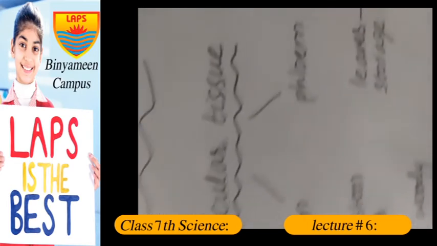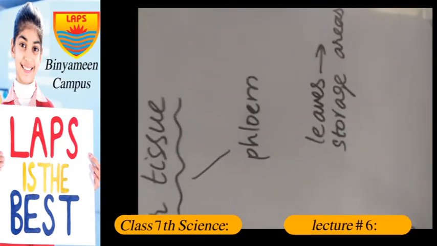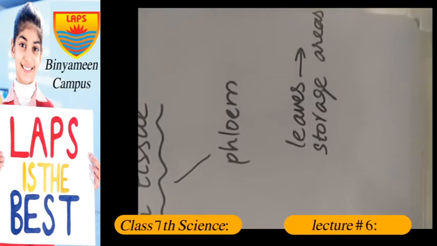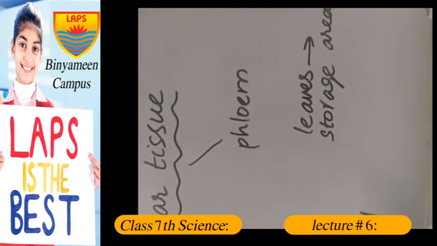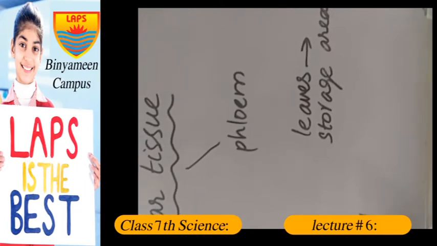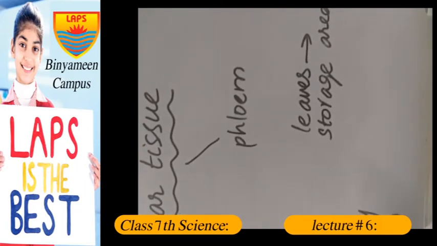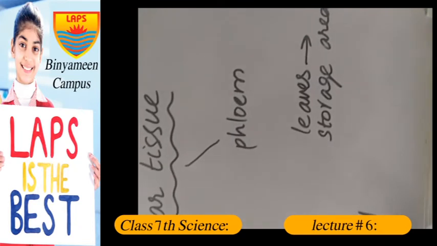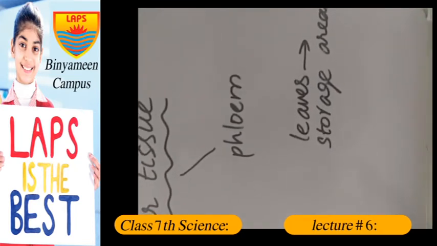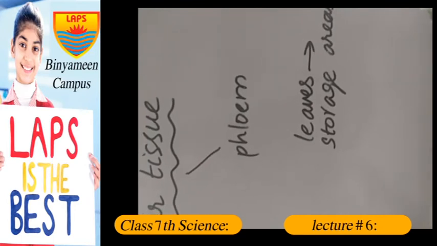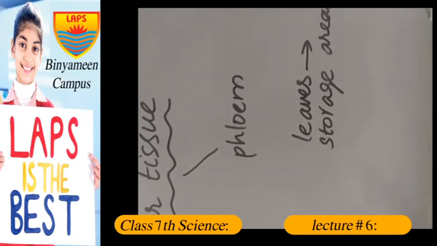Now, there is another type of vascular tissue called phloem tissue. What do phloem tissues do? Phloem tissue is made up of long cells, and they transport the food that is being made in the leaves. You know that through photosynthesis, leaves prepare their food. You have studied this earlier in chapter number 1.